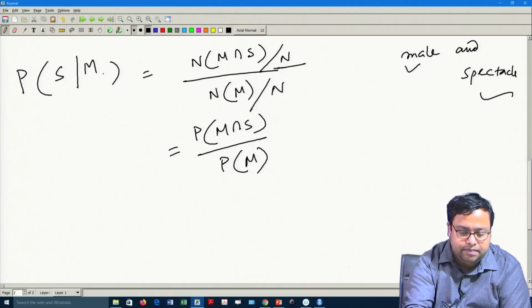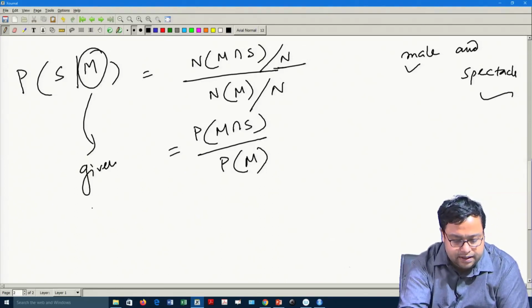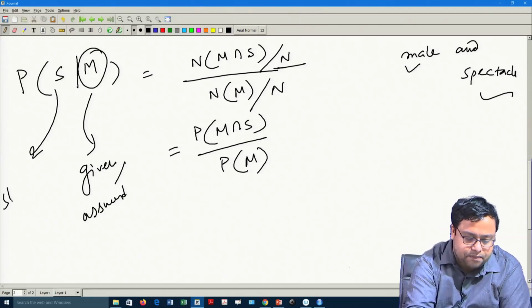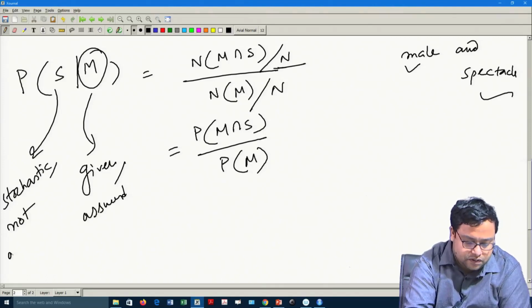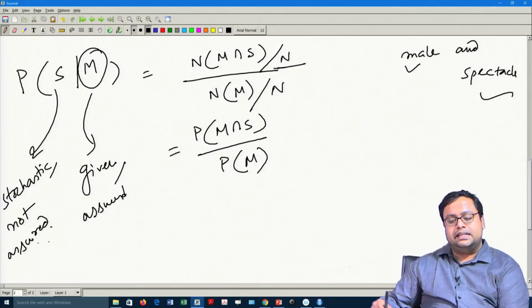Why S given m? Because male is given, this is assured, and spectacle is the stochastic part, which is not assured.